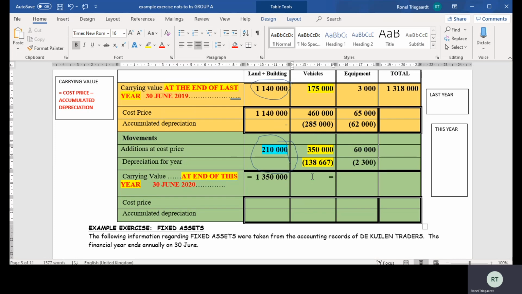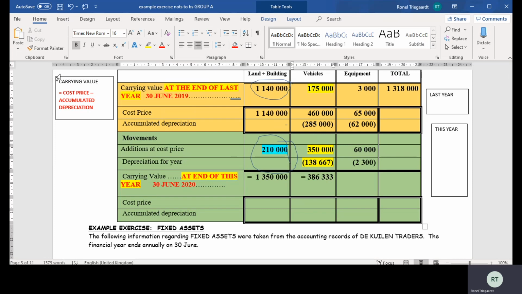I'm going to do the calculation. I'm going to say 175,000 plus the 350 minus the 138,667 gives me my new carrying value, 3,386,333. Are you fine with this?